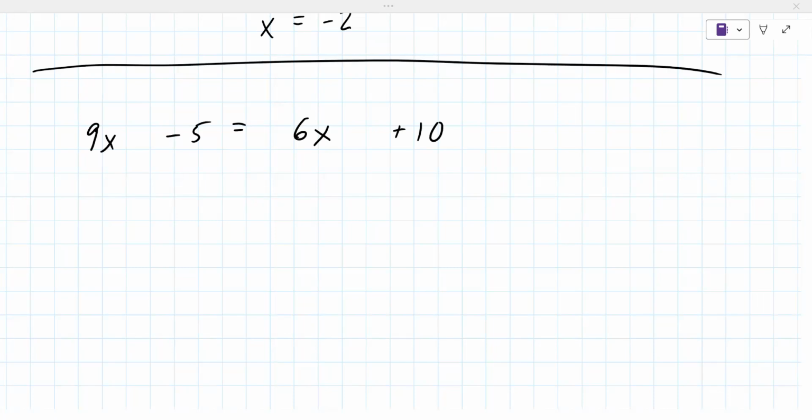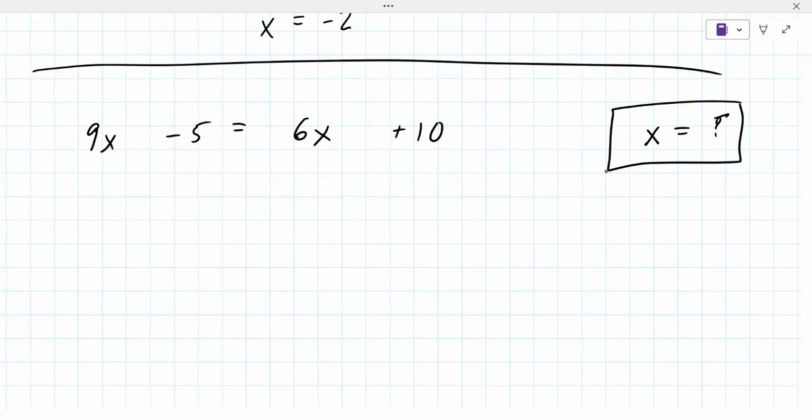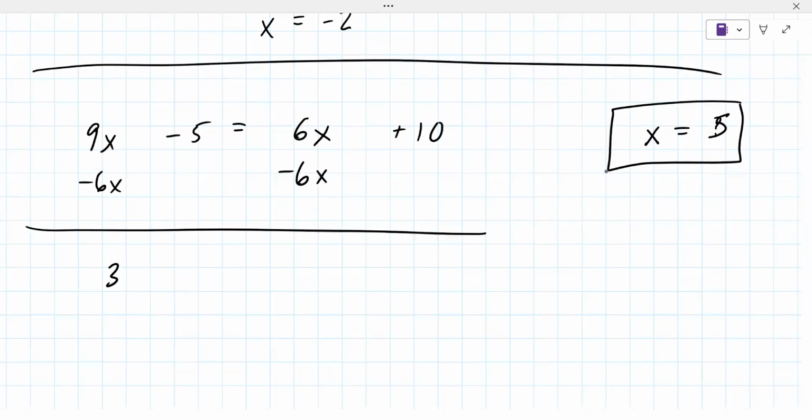Okay, Sourish, I'm back. Sorry for the delay. Were you able to get the answer? What's the answer? No, the answer is like x equals a number. Yeah, x equals 5. Okay, let's take a look here. So you're going to subtract 6x from both sides. 3x minus 5 equals 10.